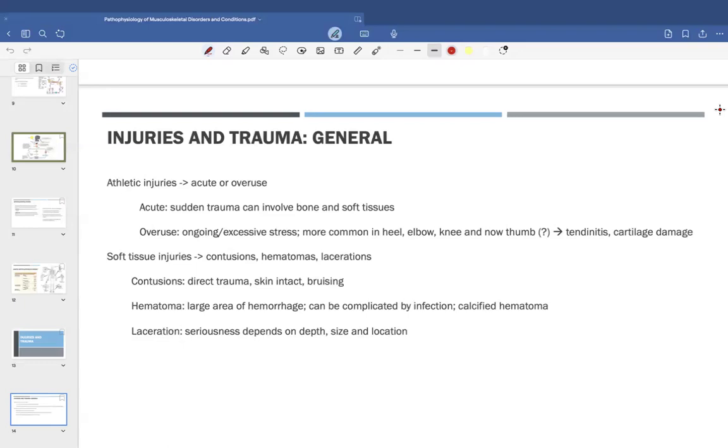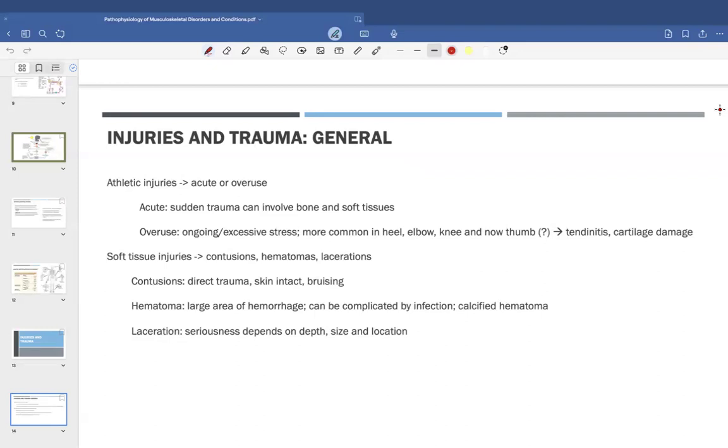That's just from excessive stress and rotational force. We see it more so in the heel, the elbow, the knee, and now the thumb, like gamekeeper's thumb, you got it. Okay, ultimately it can lead to tendonitis. When you have chronic inflammation, sometimes it can lead to destruction of some of the other structures. So you always have to think about what's underneath and what else is being damaged.